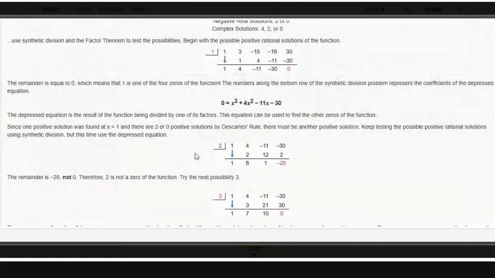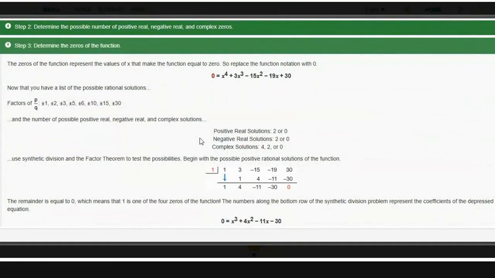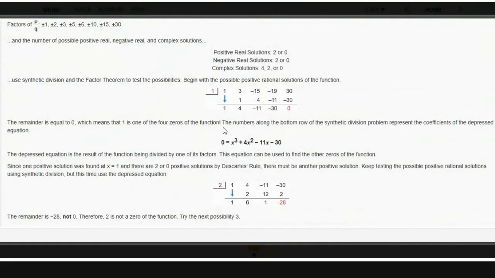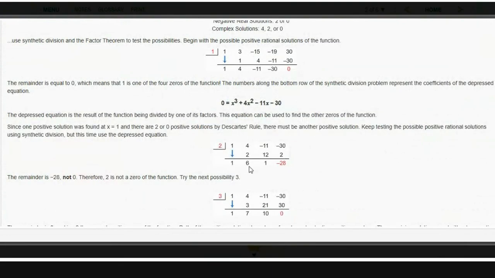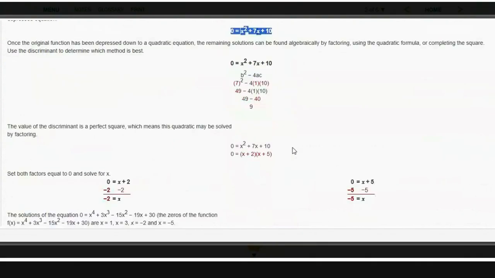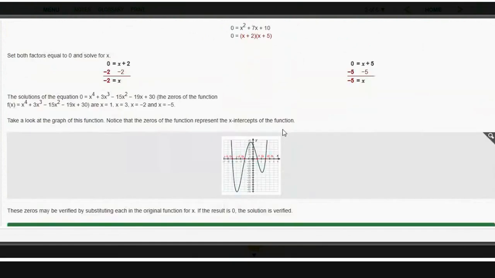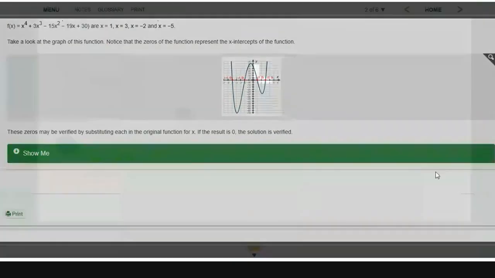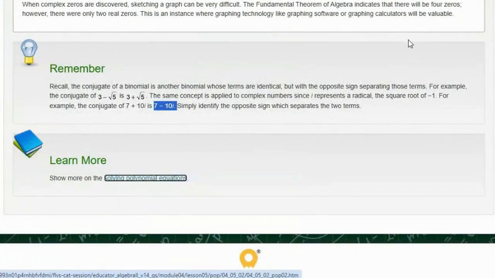Then determine the zeros by doing synthetic division. Each time you do the synthetic division, you have a depressed equation. You can use that from that point on until you get it down to a quadratic equation. And then maybe it'll factor, or maybe we have to use the quadratic formula. You can walk through that one if you need another example.